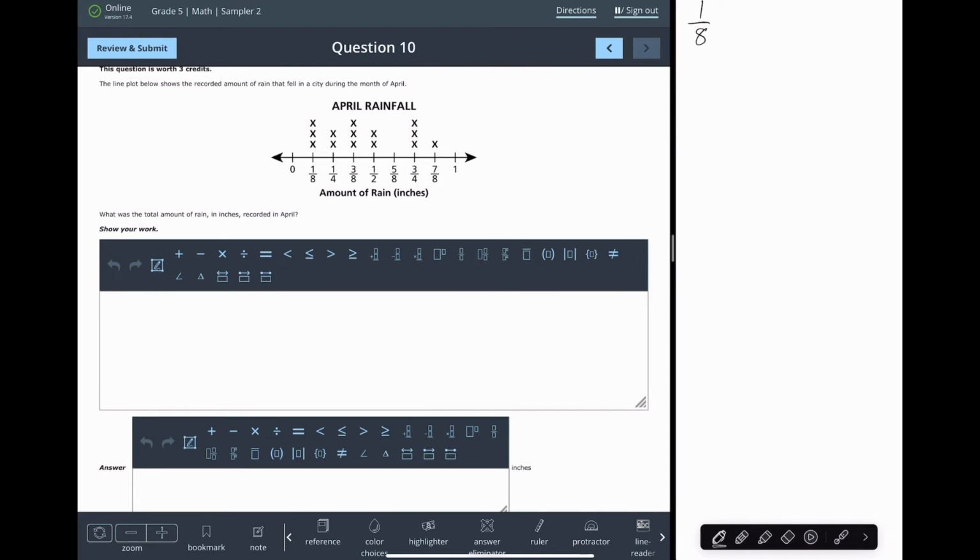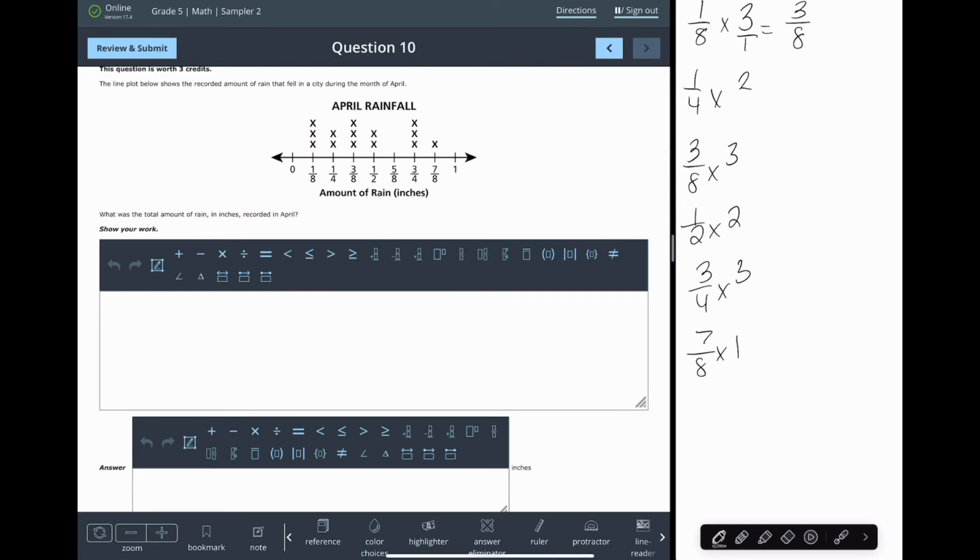So I have 1/8 times 3, 1/4 times 2, 3/8 times 3, and 1/2 times 2, 3/4 times 3, and 7/8 times 1. So I'm going to solve all of these out.